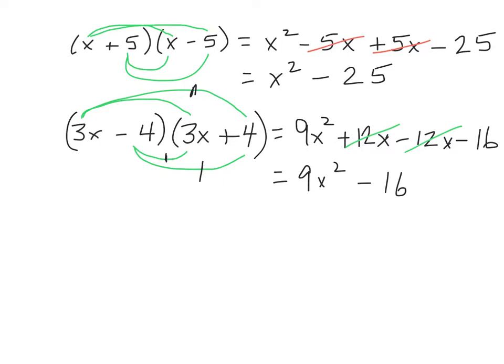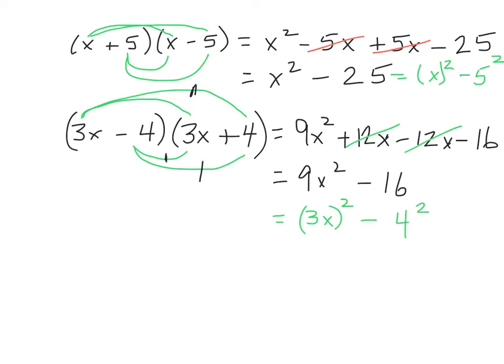So this is called the difference of two squares. Notice here that in the first problem we have the square of x minus the square of 5. In the second problem, our result is the square of 3x, because if we multiply 3x times 3x, or square 3x, we get 9x squared, minus the square of 4.